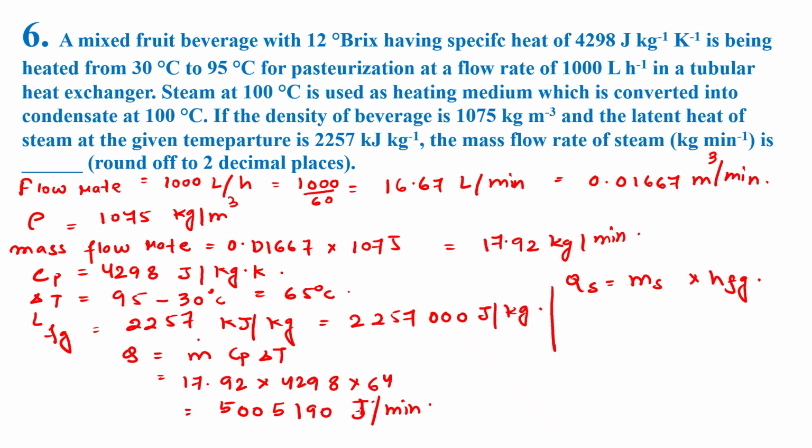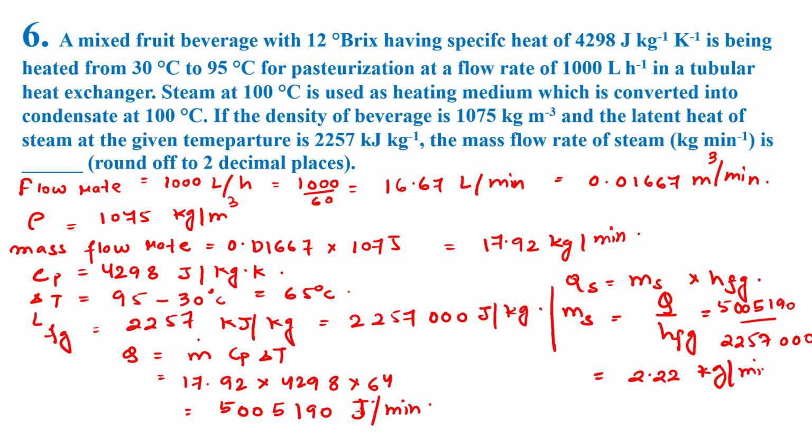So it is equal to Q by hfg, or it is equal to 5005,190 by 2257,000. So it is equal to 2.22 kg per minute.